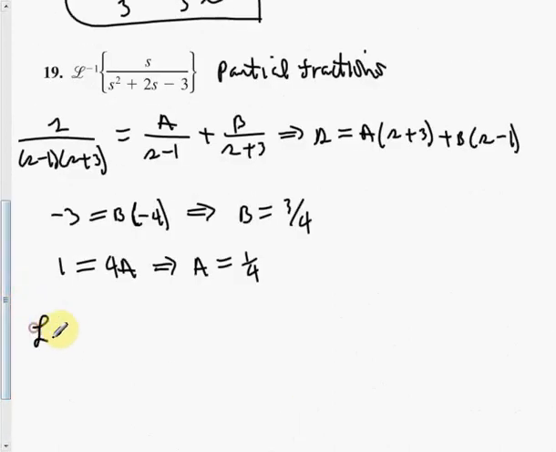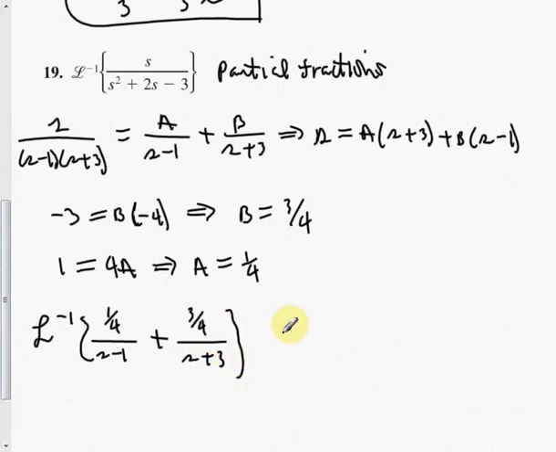So this problem is the inverse transform of A, which is 1/4 over S minus 1, plus the B, which is 3/4 over S plus 3.